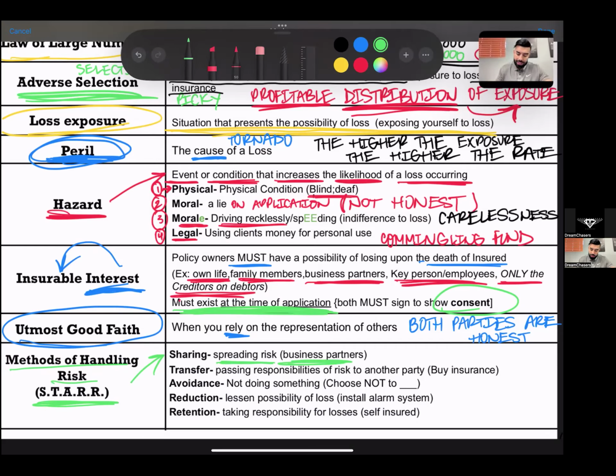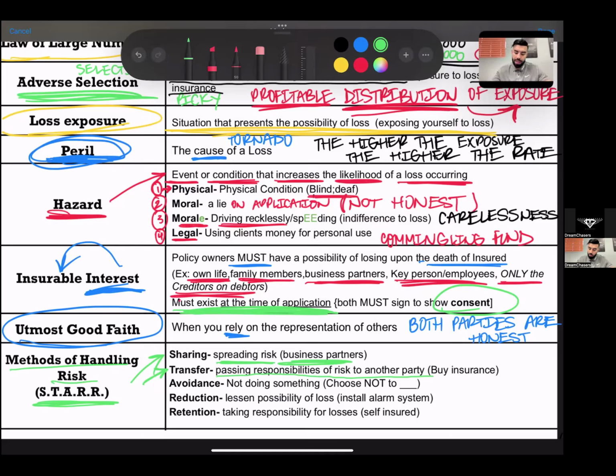The second one, the T, is transfer. When you transfer risk, remember right at the very beginning, what is insurance? Insurance is when you transfer the risk from you to the insurance company. So it's exactly that: you passing responsibilities of risk to the other party, which in this case would be the insurer.